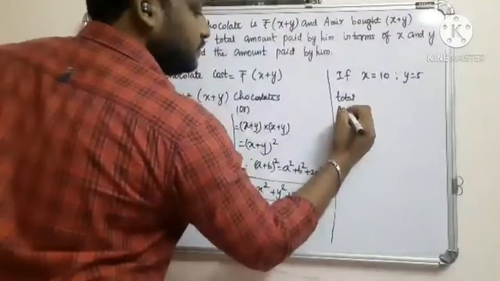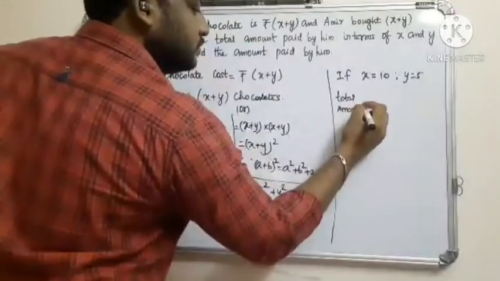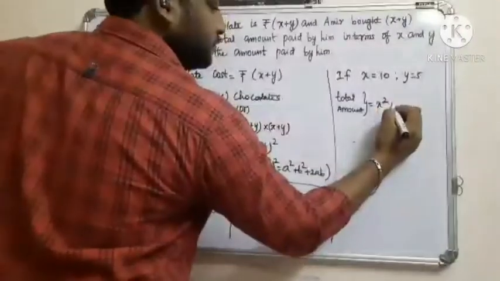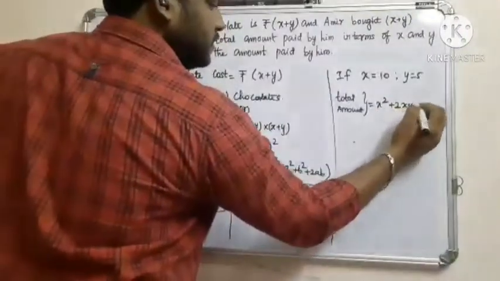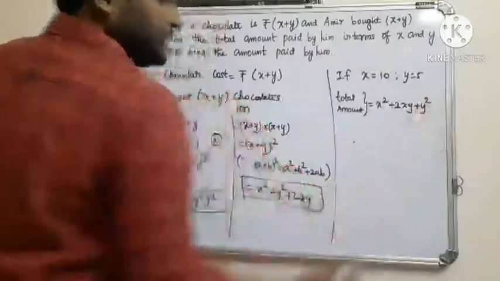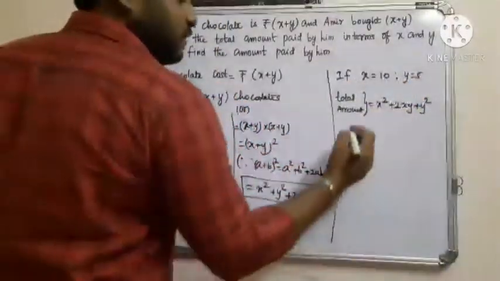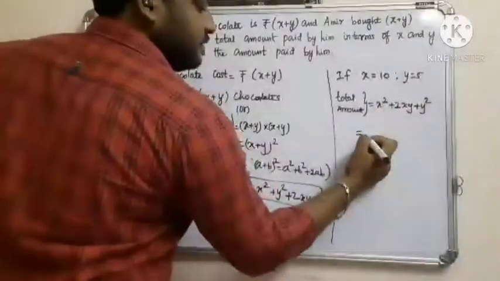So we know that the total amount is equal to x square plus 2xy plus y square. Now we have to substitute the x value and y value in this polynomial.